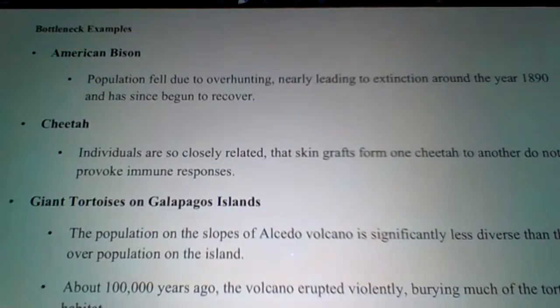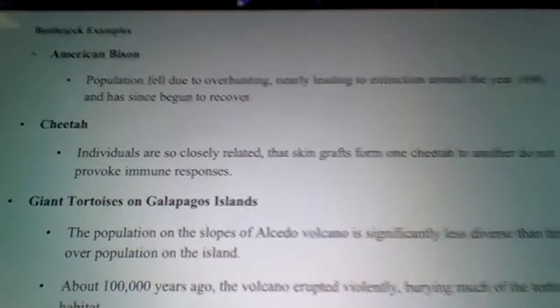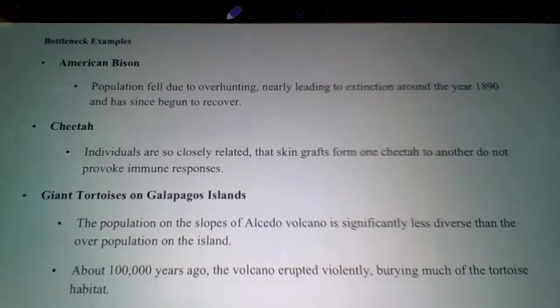Cheetahs at this point are so genetically similar because of the bottlenecks that they can actually accept skin grafts from each other. And if you know anything about human skin grafts, humans can't even accept skin grafts from parts of their own body sometimes. So in a human, you usually would graft skin from some other part of your body onto a part.